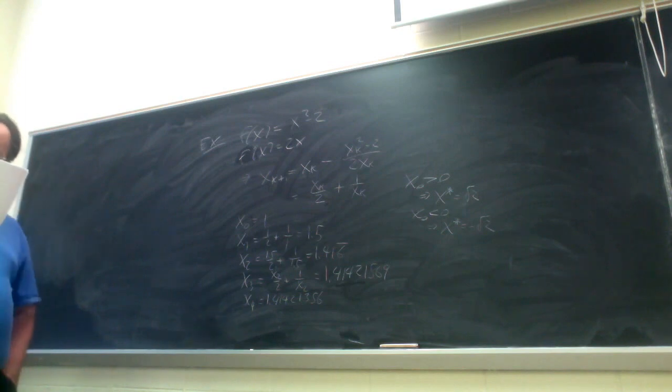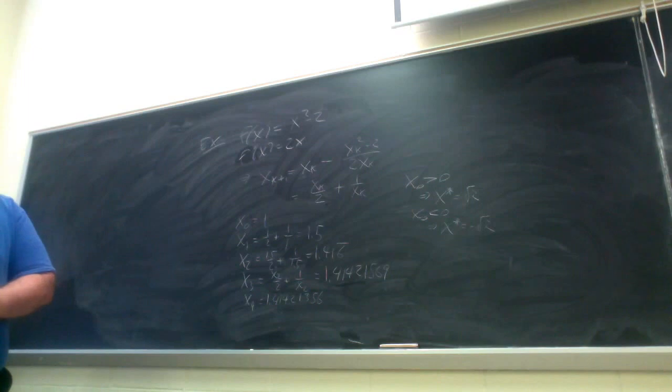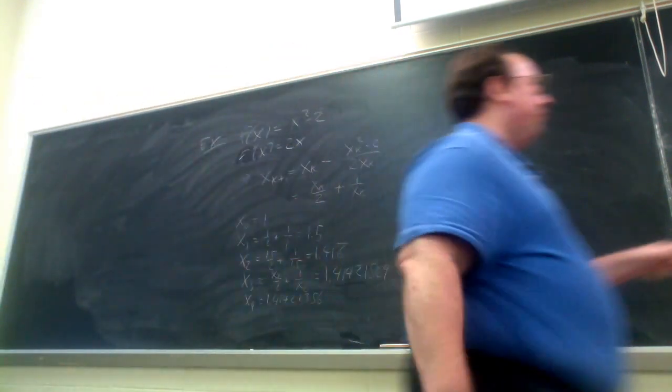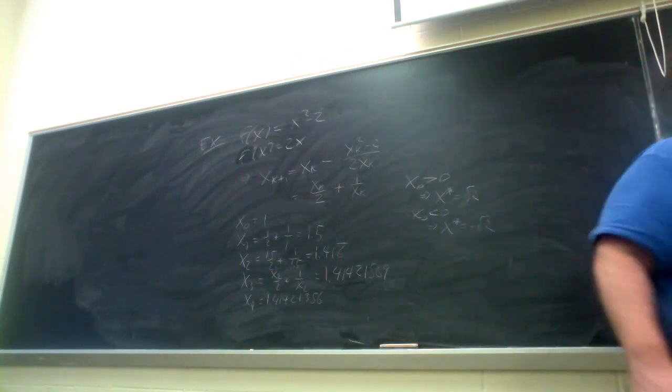And I think I have a typo in the notes. I have f being 0 at the root, and f prime being 0, but it really should be non-zero, because Newton's method is going to have a problem if f prime is 0 at the root.